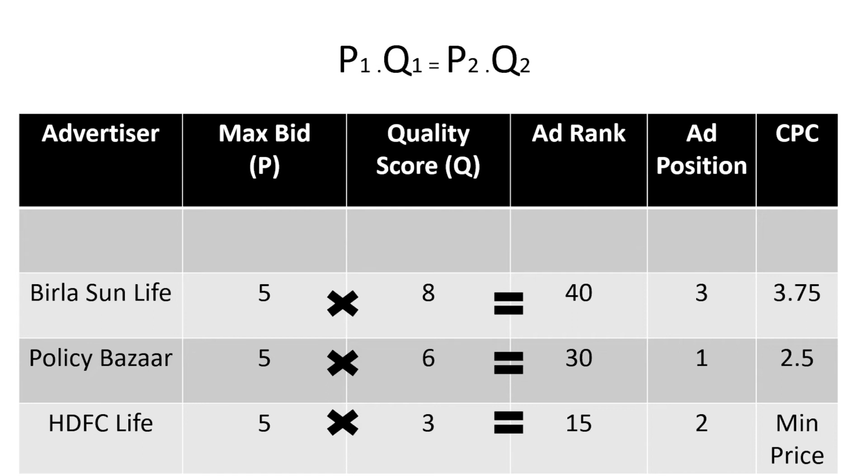For Policy Bazaar, if someone clicks on their ad, it is the ad rank of the advertiser below them, which is HDFC Life. So P3Q3, which is 15, divided by the quality score of Q2, which is Policy Bazaar, right? 15 divided by 6, it is 2.5.